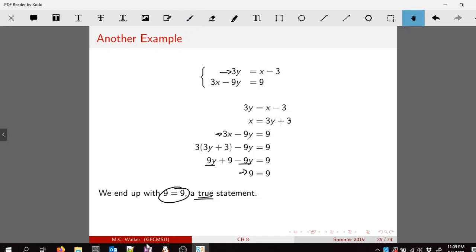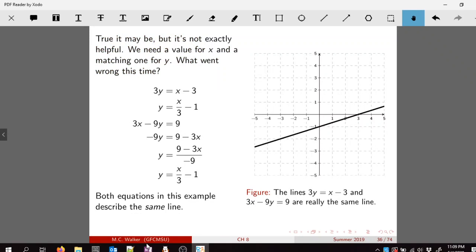But if we get these two equations into slope-intercept form, we can see what's going on. We'll take 3y equals x minus 3 and divide everything by 3, and we get y equals x over 3 minus 1, or 1/3 x minus 1. For the other one, we subtract 3x from both sides, so negative 9y equals 9 minus 3x.